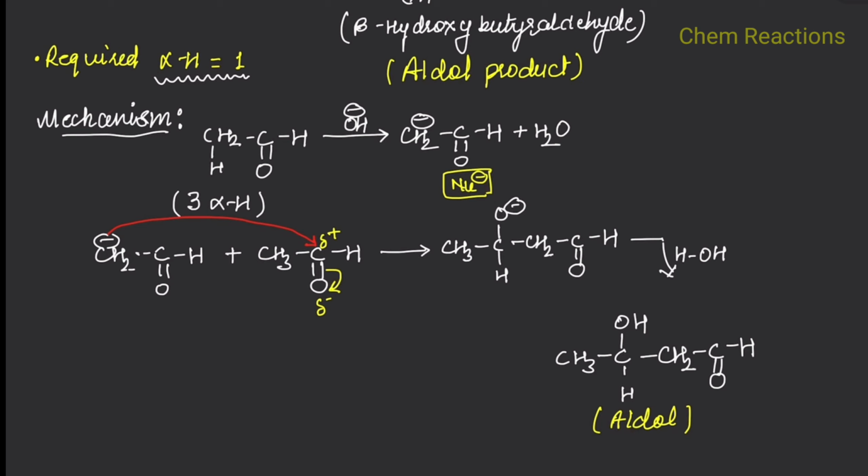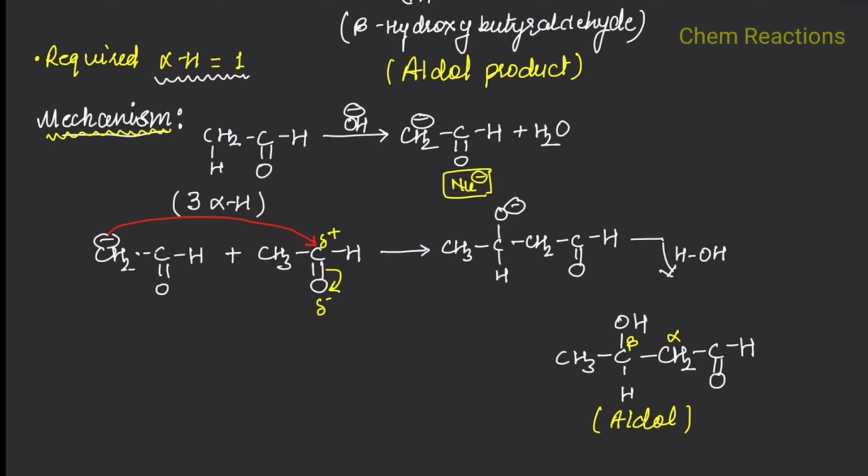How do we say this is beta-hydroxy? See this aldehyde, and the carbon directly attached to the aldehyde group is the alpha carbon, and the next one is the beta carbon, and the OH group is attached on this beta carbon, so it is called beta hydroxy, and 4 carbons, that is why butyraldehyde. So finally we have got the aldol product in this mechanism.